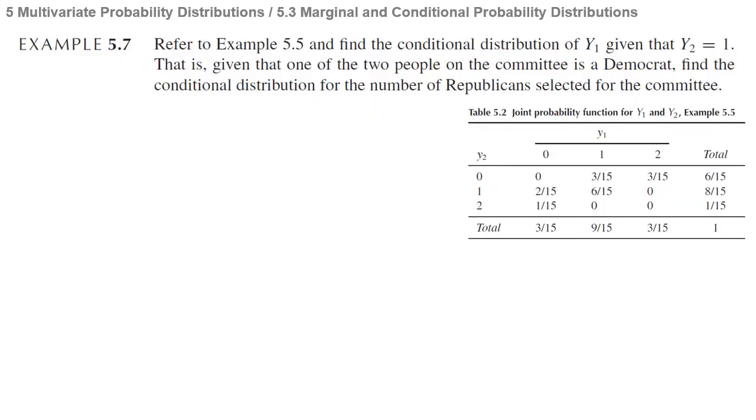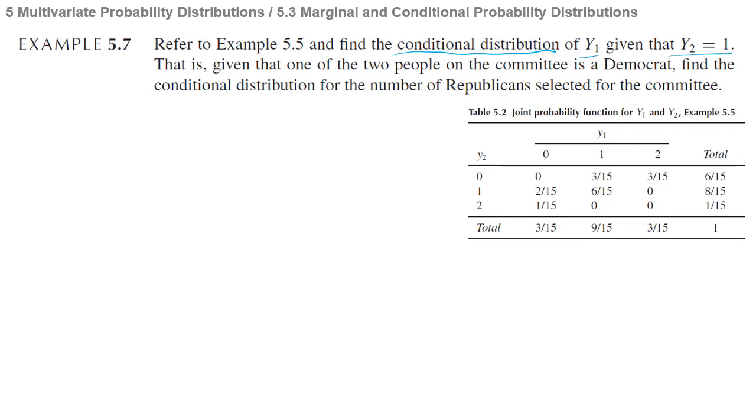Okay, let's move on to example 5.7 to understand more about the conditional probability distribution for discrete random variables. Refer to example 5.5 and find the conditional distribution of y1 given that y2 equals 1.